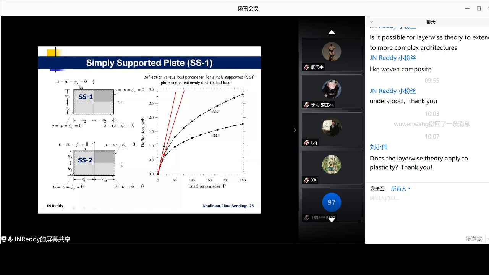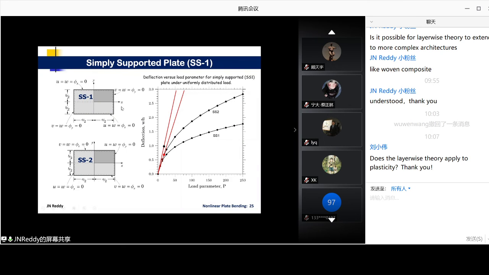So look at this. φx is 0 means rotation of this edge about the y-axis, meaning we are not letting that edge have a rotation in the edge itself. Meaning that we are making that edge remain straight. Okay? It's important to understand. Whereas if I don't do that, then it is a different boundary condition.